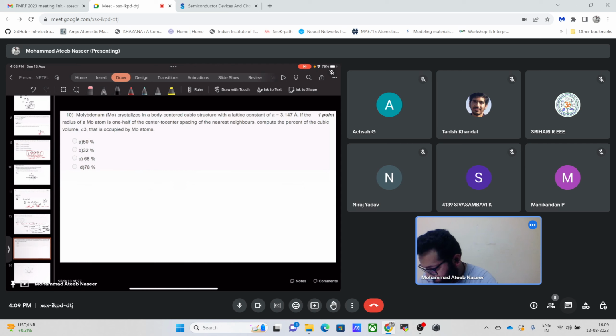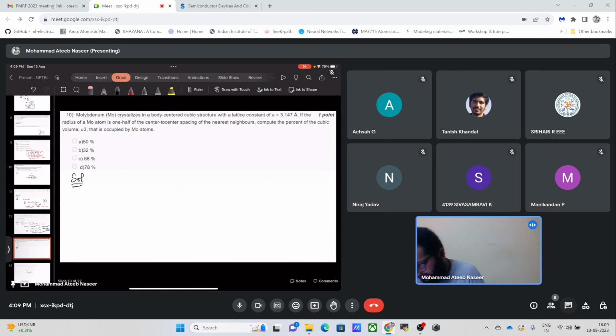This body-centered cubic cell has a lattice constant for Mo atoms equal to 3.147, and the radius of these Mo atoms is one half of the center-to-center spacing between the nearest neighbor atoms. We have been told to find the percentage of this cubic volume that these Mo atoms will occupy.